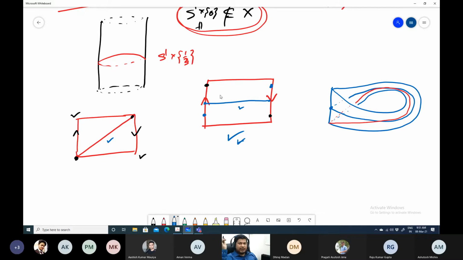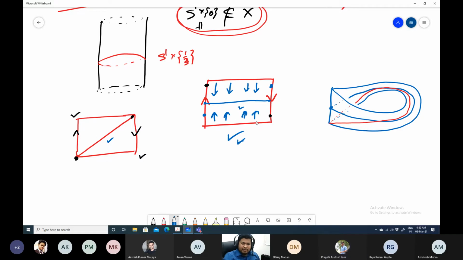If you take the deformation retract, why will continuity stay? Sir, the map is continuous. Yes, that is fine, but what will the map be? Can you give me the deformation retraction? The same map will work, because you can deform from this direction and from there to there.